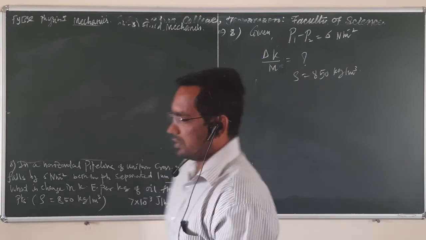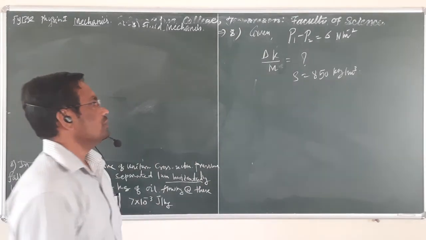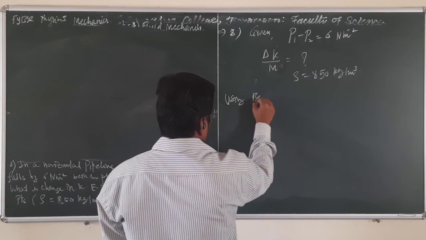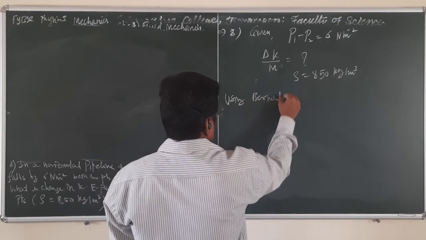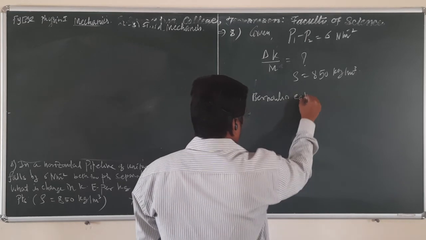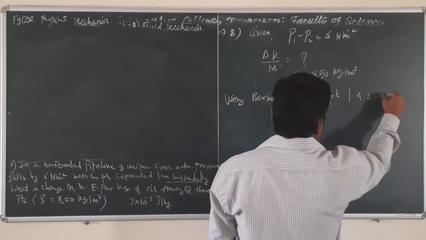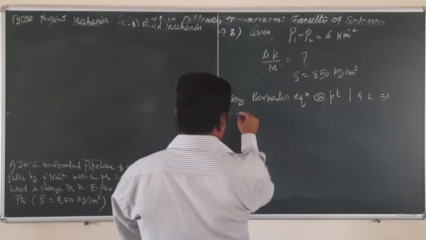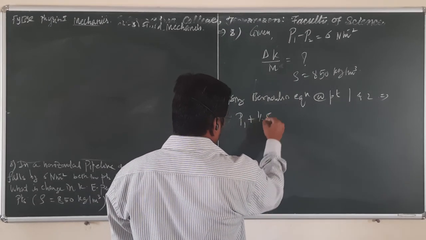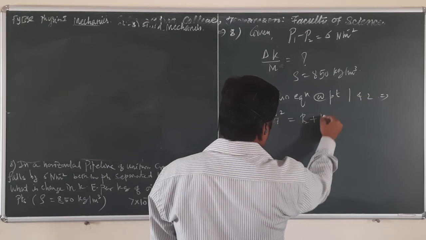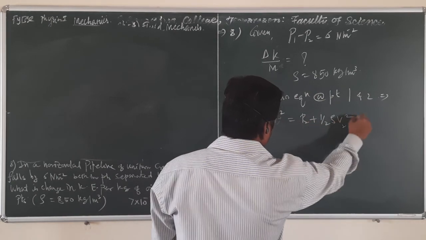Now using Bernoulli's equation at points 1 and 2 we get P1 plus 1/2 rho V1 squared is equal to P2 plus 1/2 rho V2 squared.